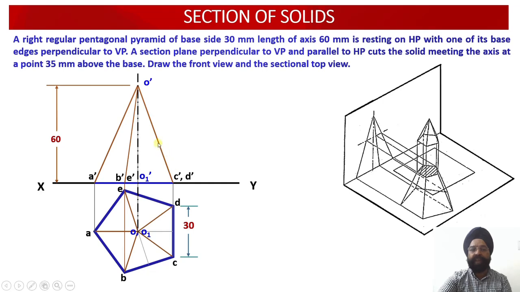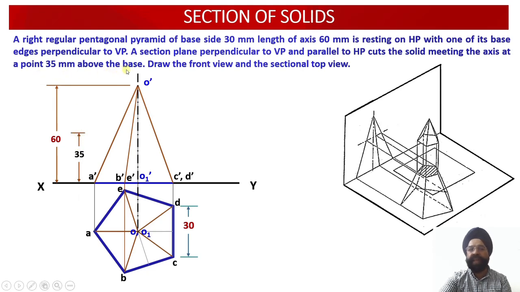But why have we not completed this darkness over there? Because I have to cut this solid in a way that it has been given to me that there is a plane which is perpendicular to VP and parallel to HP. It is this plane. There is a plane which is perpendicular to VP and parallel to HP, which is going to cut the solid at a point 35 millimeter from the base.